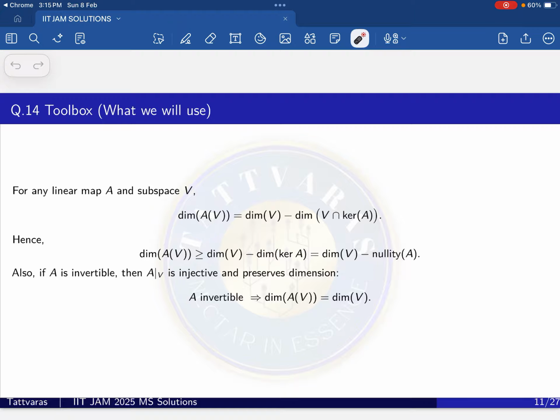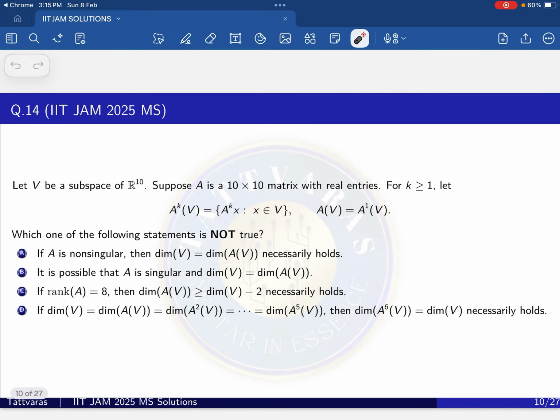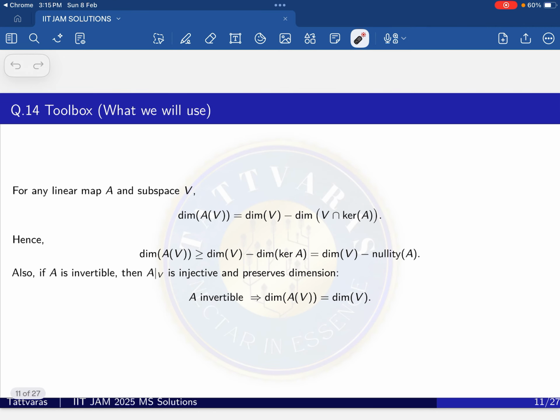And also a very important observation is that if A is invertible, which is indeed in one of the questions, that is A non-singular, then A restricted to V, that actually means a very simple thing, that you are having a map from V to R10 where you write this as Au for u belonging to V. So that means this is invertible, which also implies that the dimension of this image space will remain unchanged, as we know that multiplying with a non-singular matrix doesn't change the rank of a matrix.